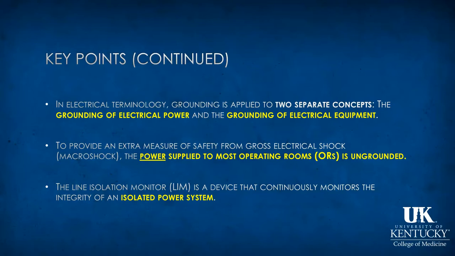Next point is that the line isolation monitor, called LIM, is a device that continuously monitors the integrity of an isolated power system, which is how electrical power is provided to the electrical outlets in most operating rooms.